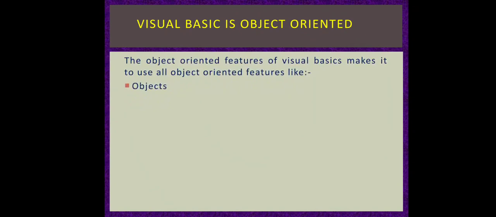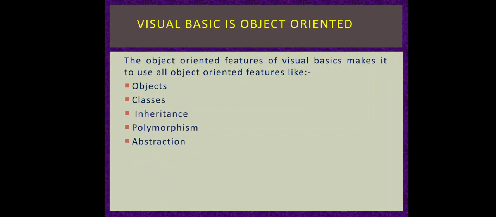An object-oriented programming language is a language which supports object-oriented features. In such a language we have the concept of object, class, inheritance, polymorphism, and abstraction.